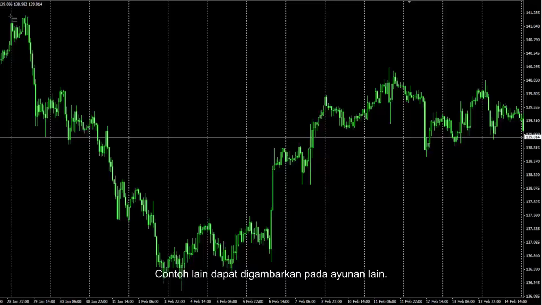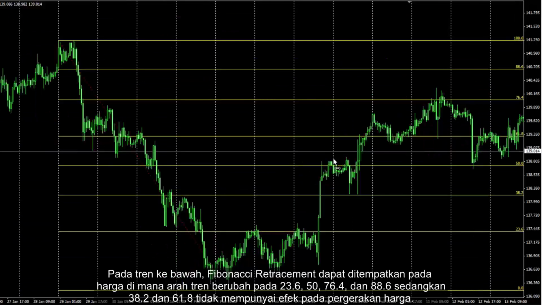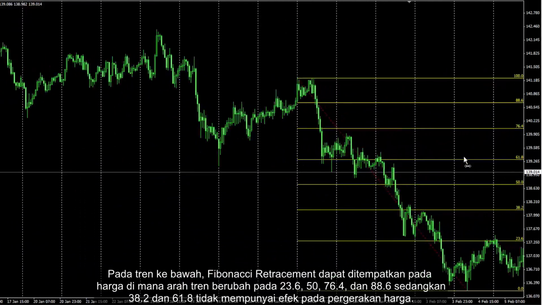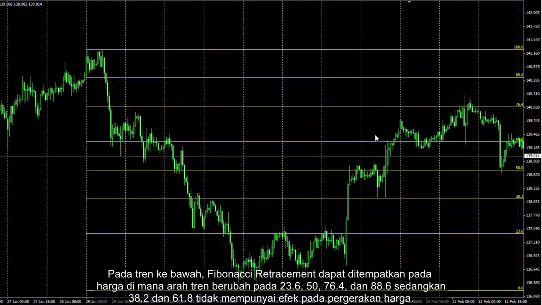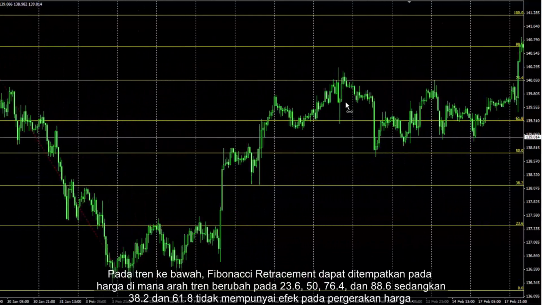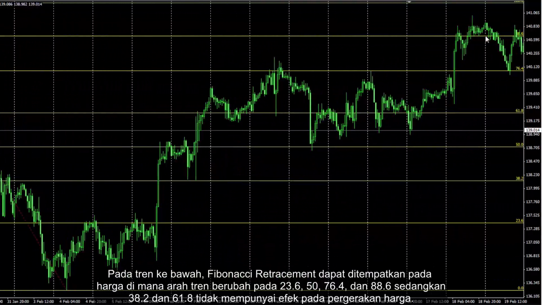Another example can be drawn on another swing. On the downward trend, a Fibonacci retracement can be placed on price where trend direction has changed on 23.6, 50, 76.4 and 88.6. While 38.2 and 61.8 did not have any effect on the price movement.